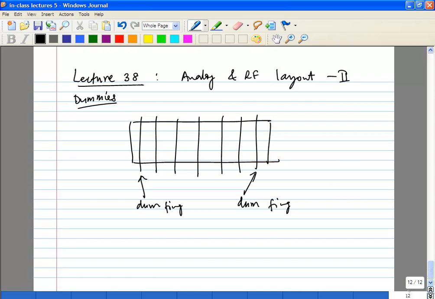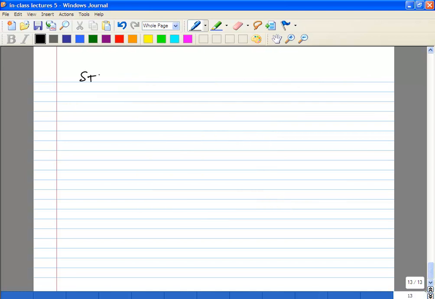The other thing you need to worry about, which is very common in these new processes, is something called shallow trench isolation, or STI. Some of you might have heard about it, right? This is typically the most common type of isolation between different transistors.